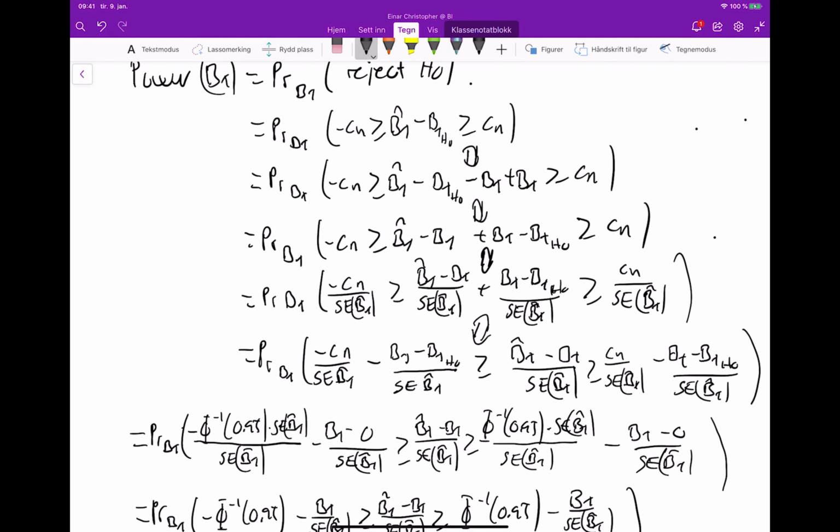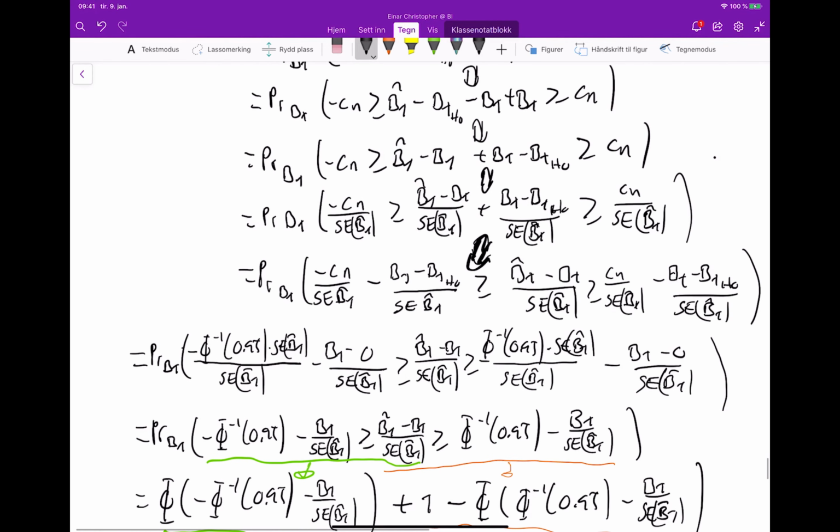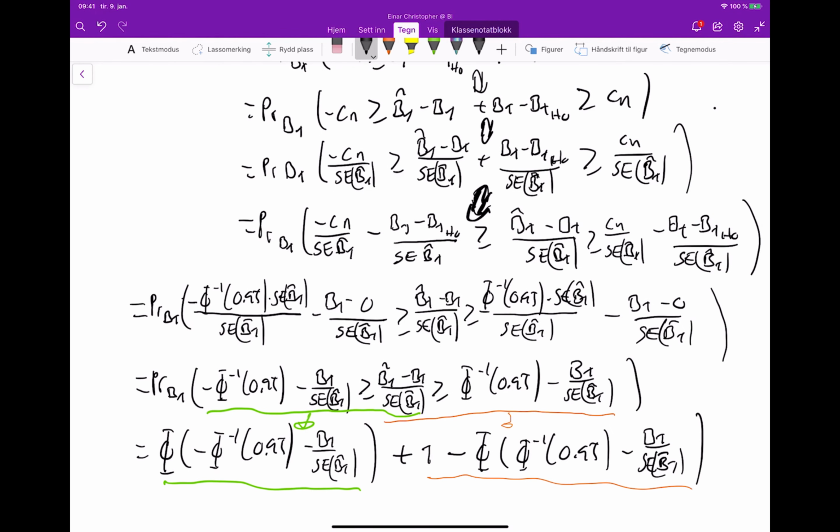You should understand this, it is just some algebra. And then we see that this in the middle here is normally distributed 0, 1 when beta 1 is the true value, approximately.